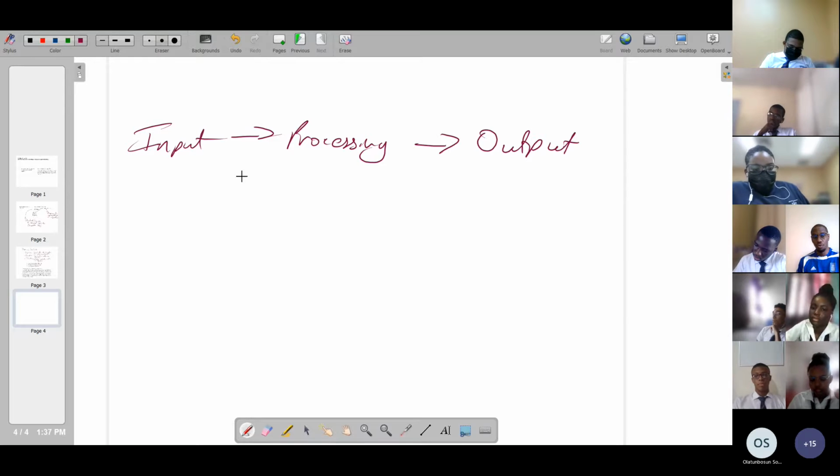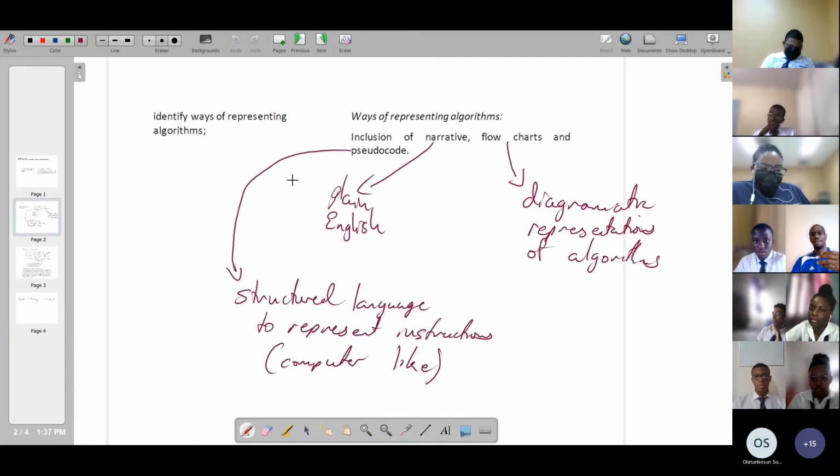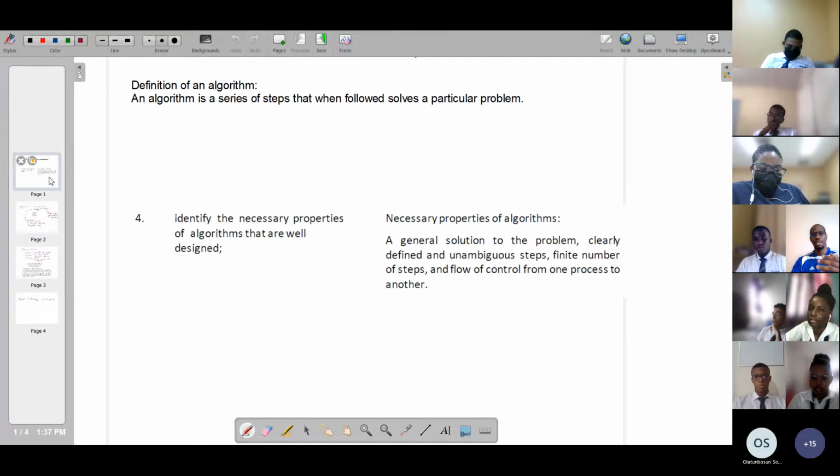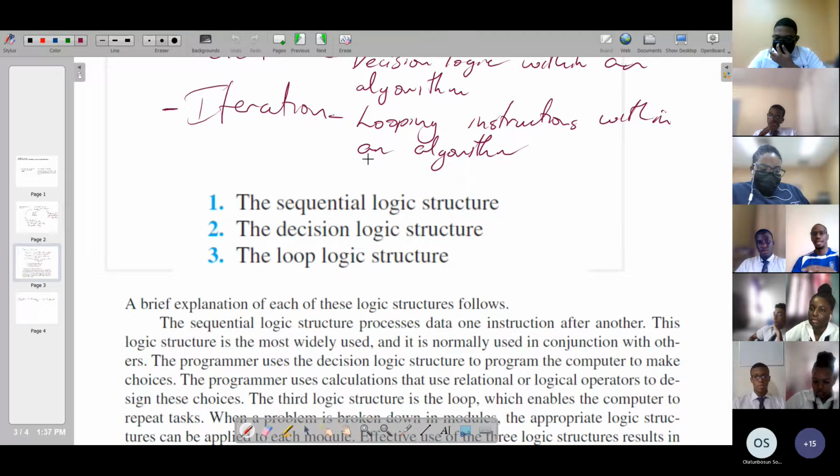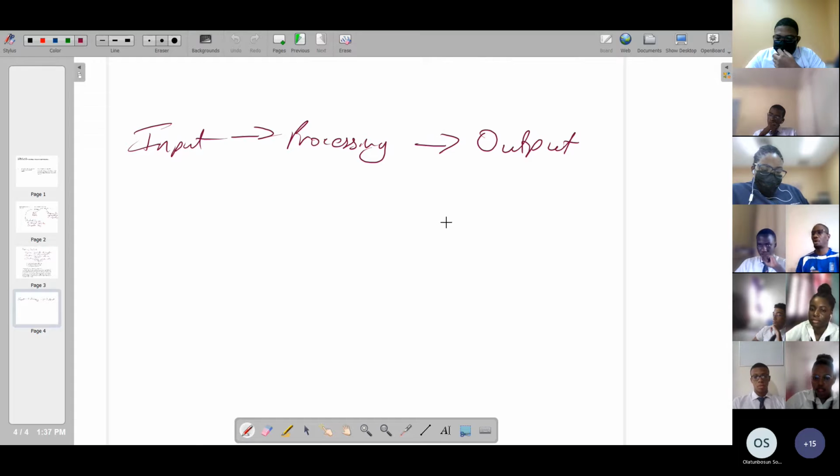Everything that we've said here today, in terms of the properties of the algorithms, not the ways to represent it, of course, but the structures, and now this input, processing, output. These are the rules behind computing, right? And of course, we could have storage here interacting with processing.